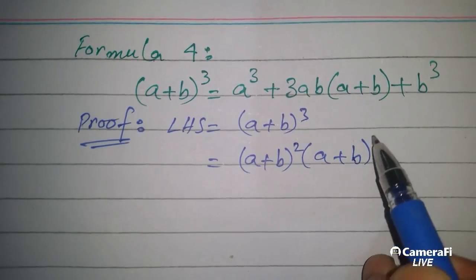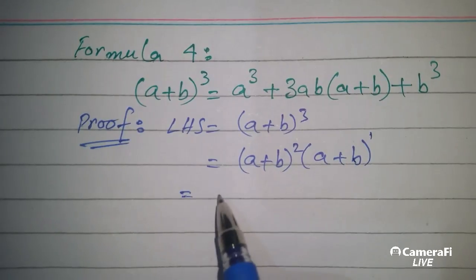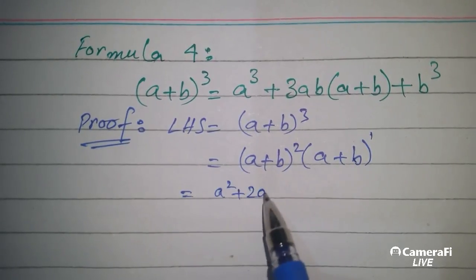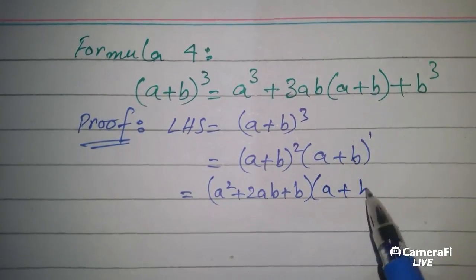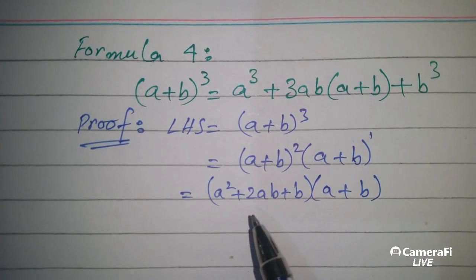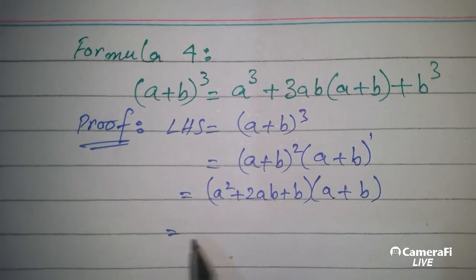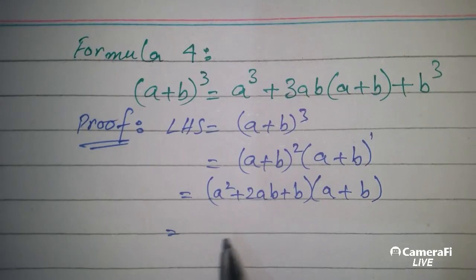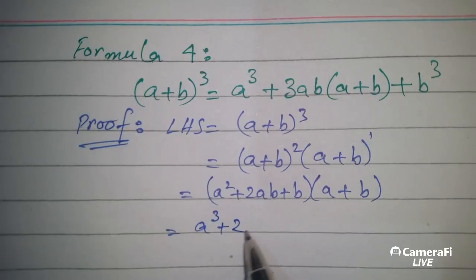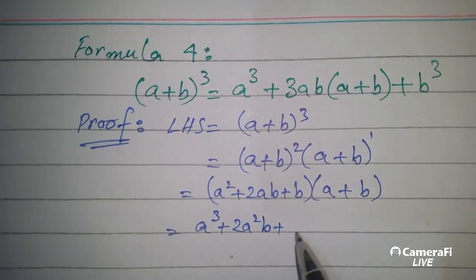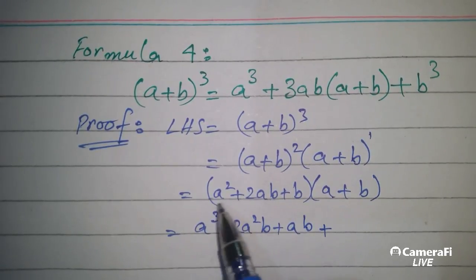I've taken 1 power here and 2 here, just expanding this. And now multiplying. When this a is multiplied with these 3 terms, these terms become a power 3 plus 2a square b plus ab square.